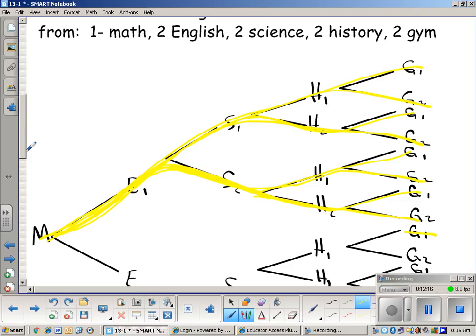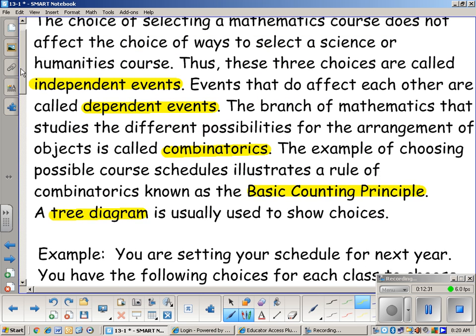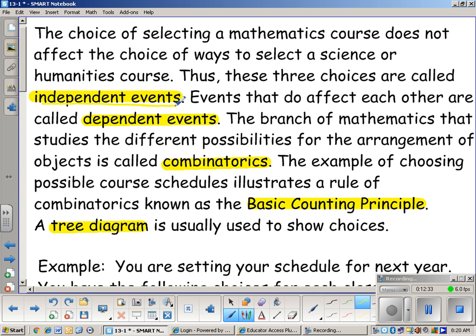Okay? If I'm rolling 2 dice, what I roll on the first dice, does that affect the way the second dice rolls? No. They're totally separate, aren't they? Okay? And so what we're getting at is, these are called independent events. Independent because the choices that I make on one does not affect the choice that I make on another.